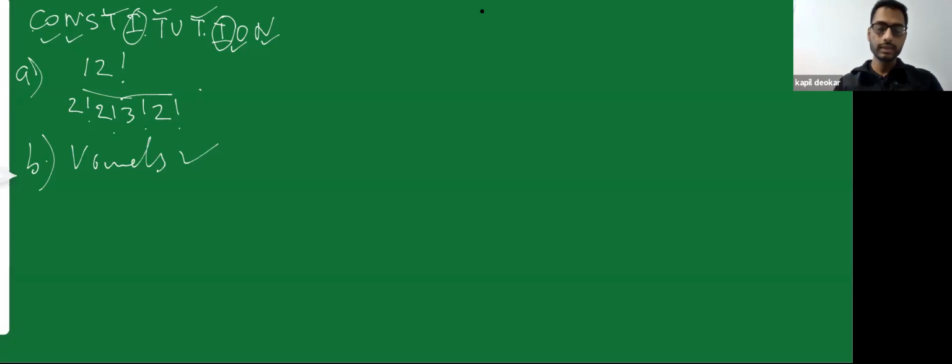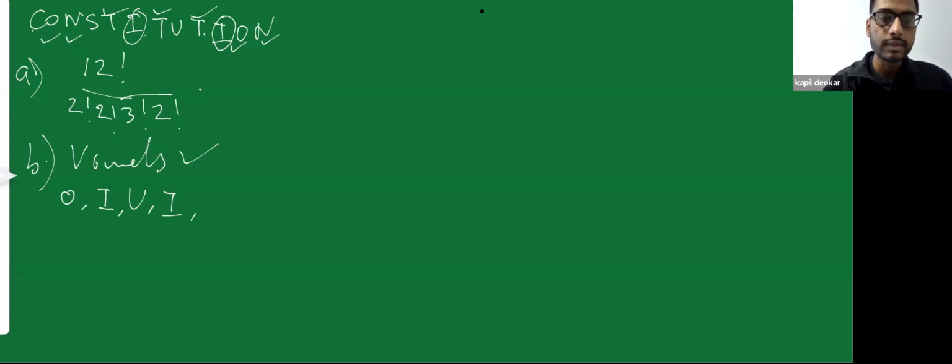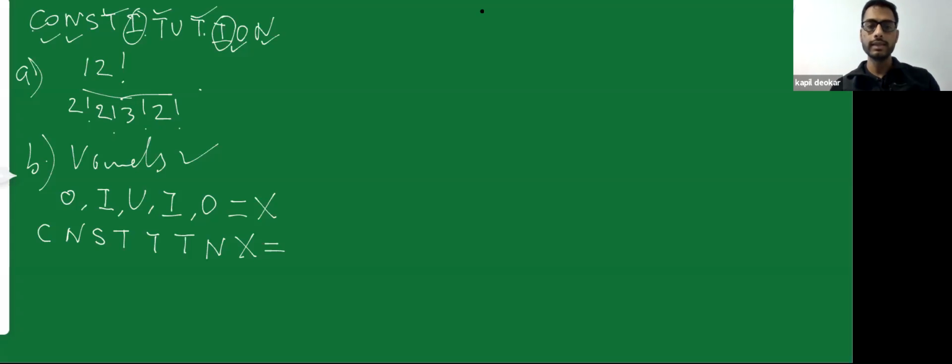We consider them as one unit, and let's say that unit is X. The vowels are O, I, U, then again I, and O. I'm going to consider all of these as X, and I'll write the rest of the letters: C, N, S, T, T, T, and N. For all the vowels, I've got the letter X.